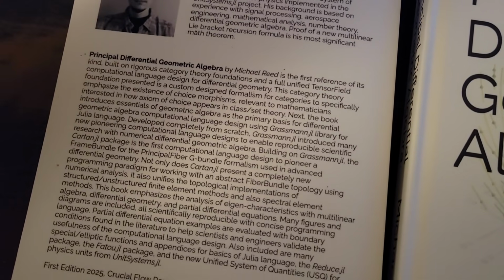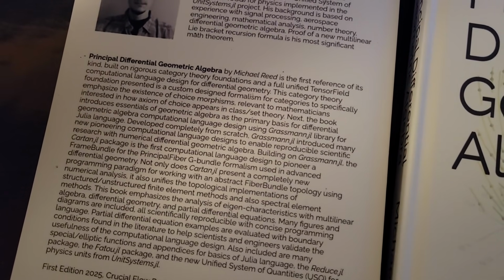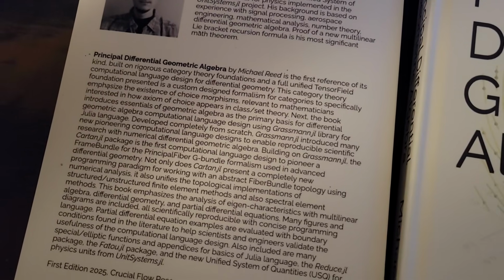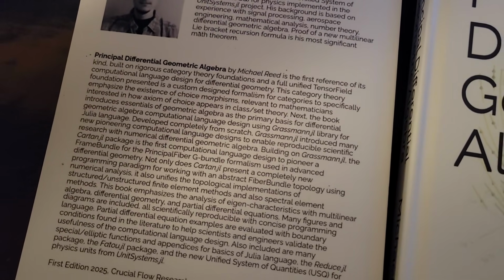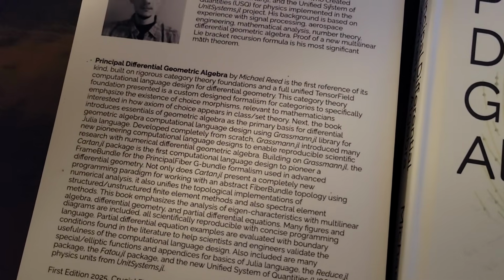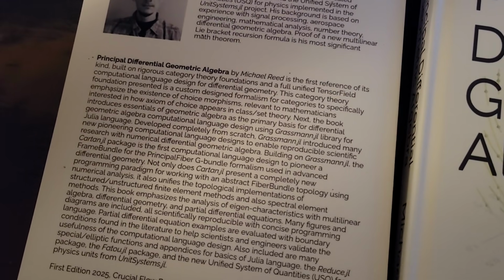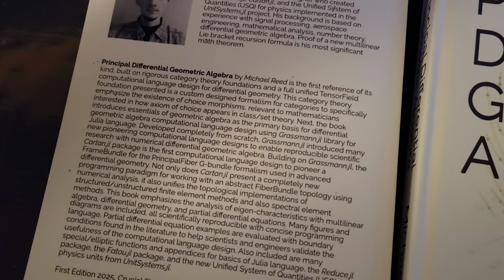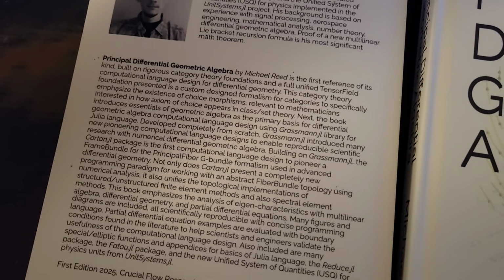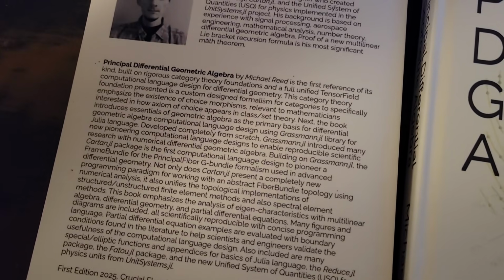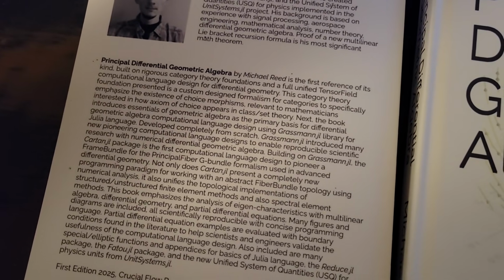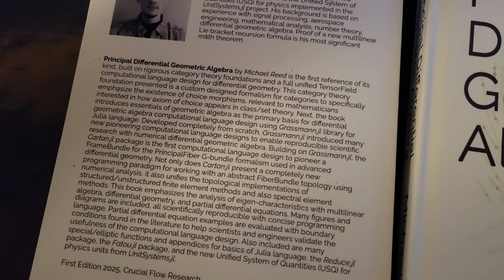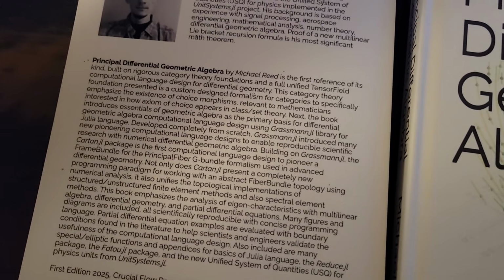Next, the book introduces essentials of geometric algebra as the primary basis for differential geometric algebra computational language design using the Grassmann.jl library for the Julia language. Developed completely from scratch, Grassmann.jl introduced many pioneering computational language designs to enable reproducible scientific research with numerical differential geometric algebra.